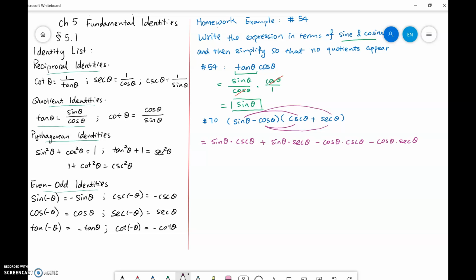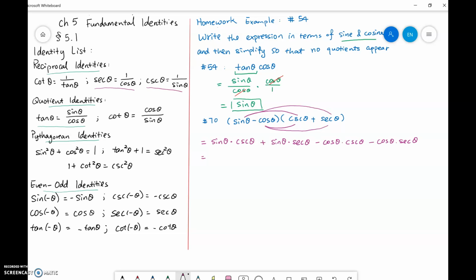Okay. So next, we're going to use identities, which are the reciprocal identities. From the reciprocal identities, we know that secant theta is 1 over cosine theta, and cosecant theta is 1 over sine theta.